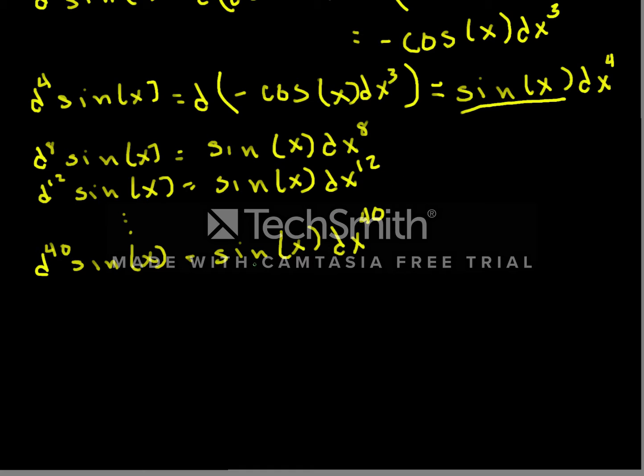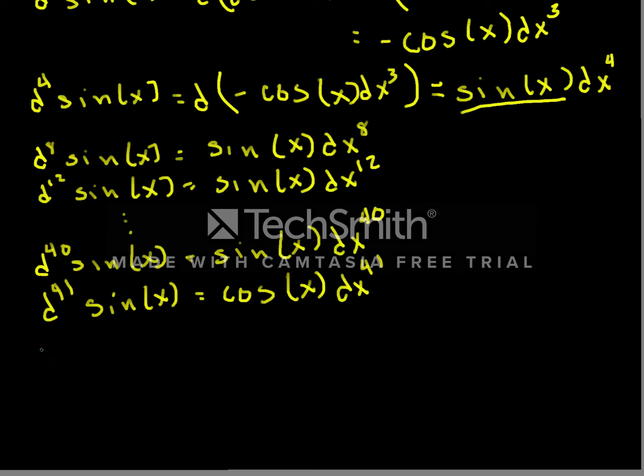And now we want to know what the 43rd is. Well, the 41st is the derivative of sine, that's cosine, and the differential will go up by 1. Do it again.